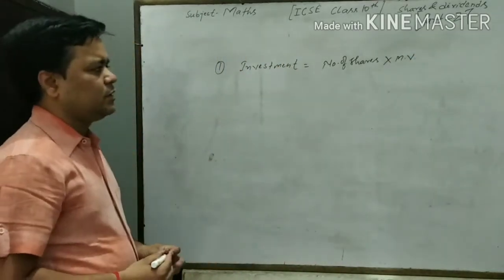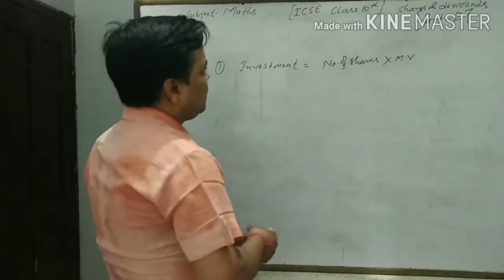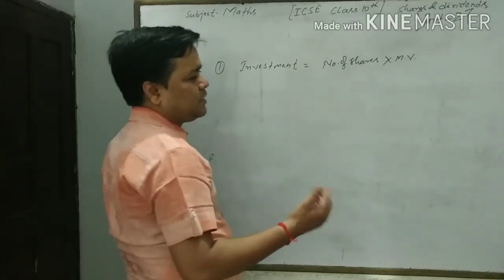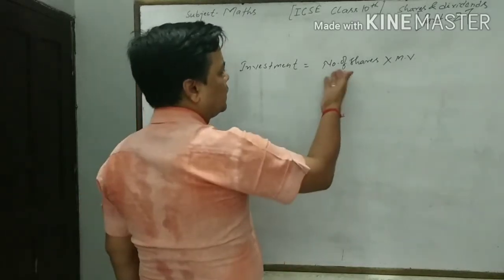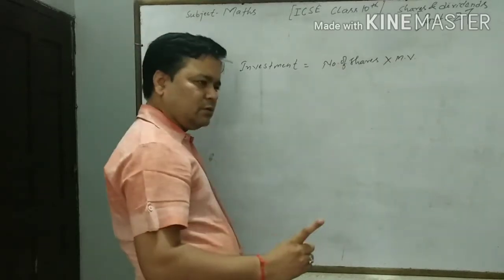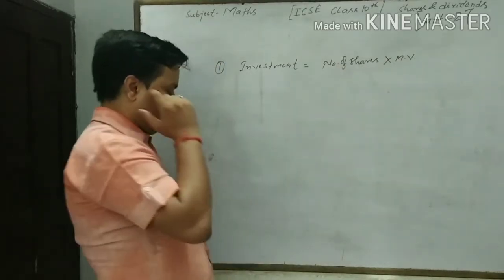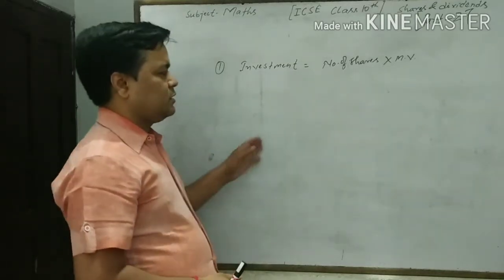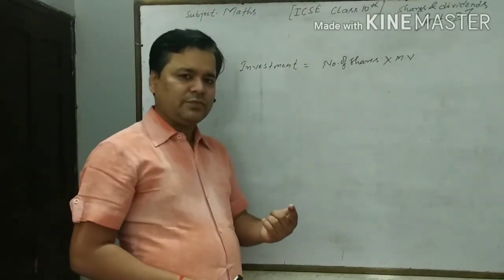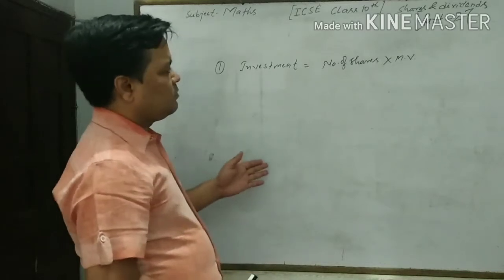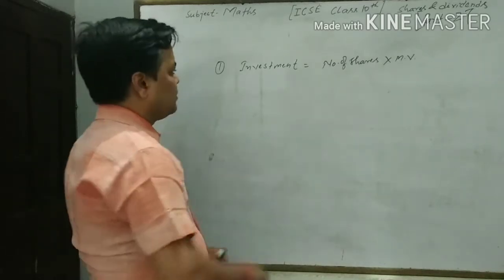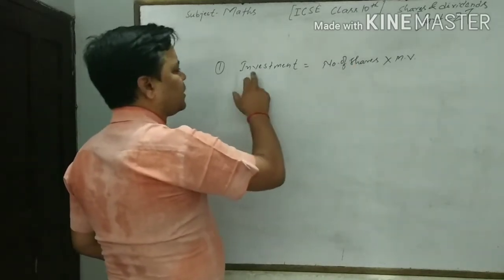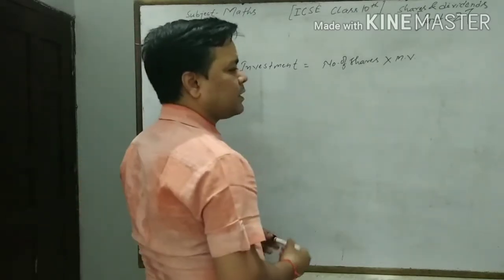Okay, this is the amount of investment. If the number of shares is 1, then at the place of number of shares we can write only 1. Just like in the previous quotation, we are discussing all the things only for 1 share. But if the number of shares increases, then we use this formula for investment: number of shares into market value.